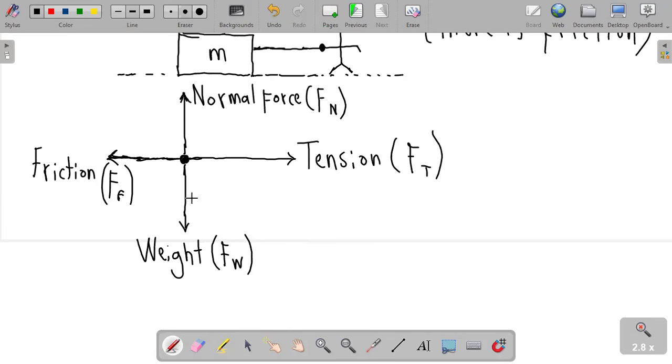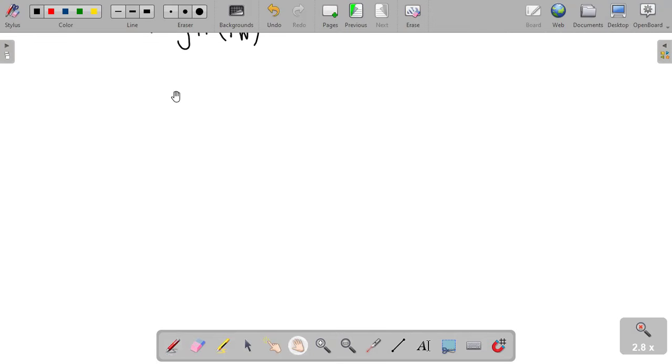So now it would be the same if, let's say, the object was being pulled up the incline. You can have a case like this where the object is being pulled up. So you can have the boy on an inclined surface like this.